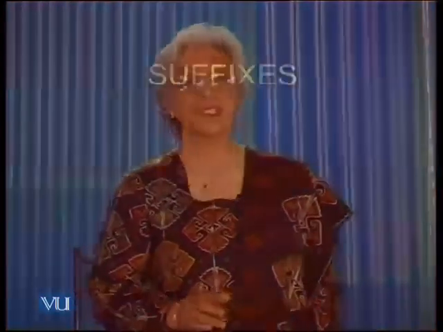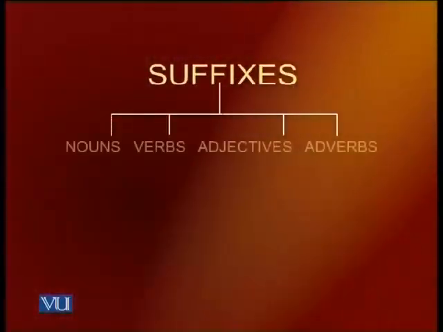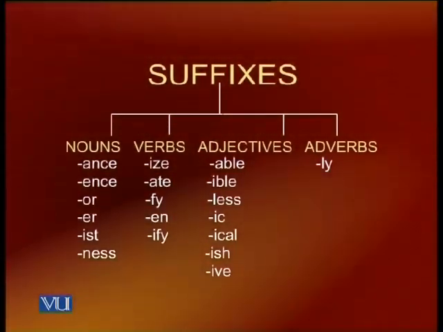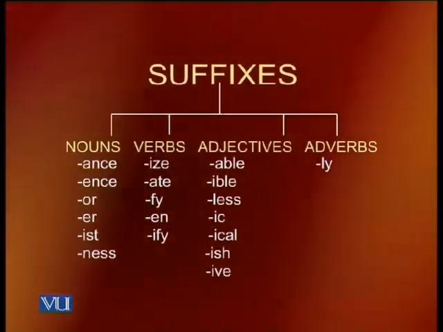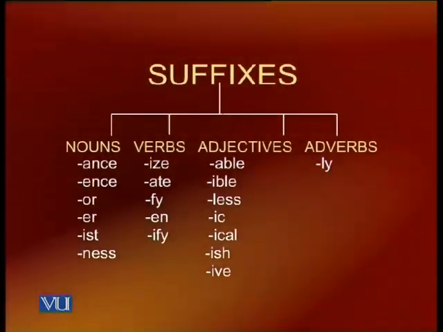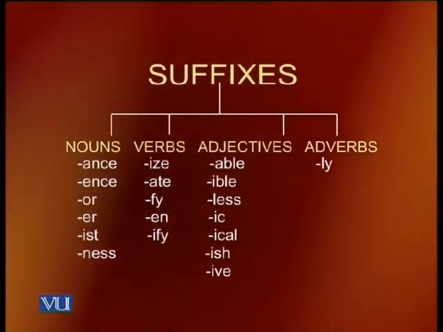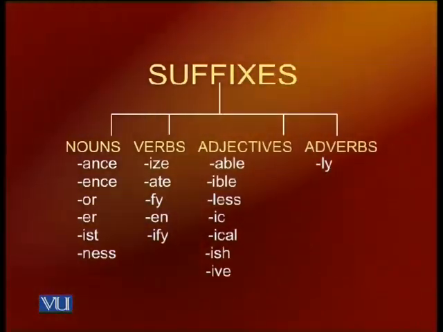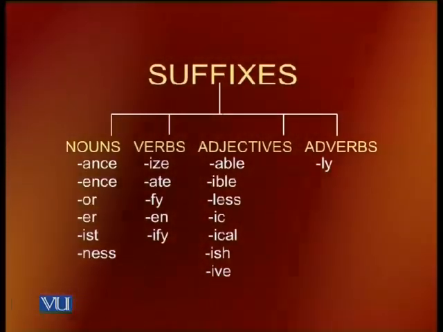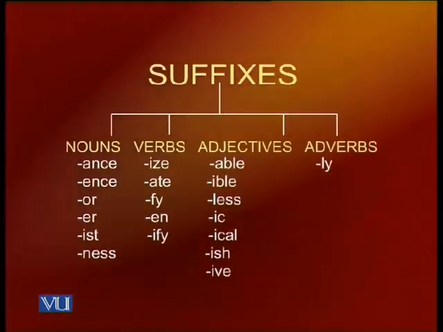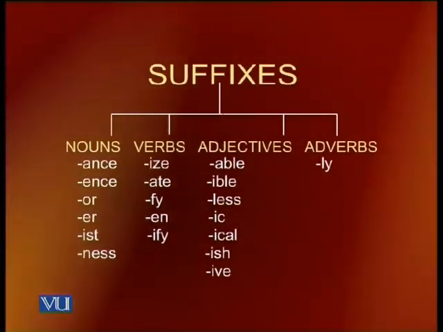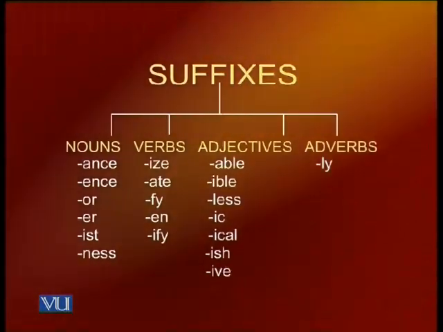Now, in the same way, words that end with IZE, ATE, FY, EN, IFY are usually verbs. Then you have adjectives, and these endings that you can see on your screen: able, IBLE, less, IC, ICAL, ISH, IVE.